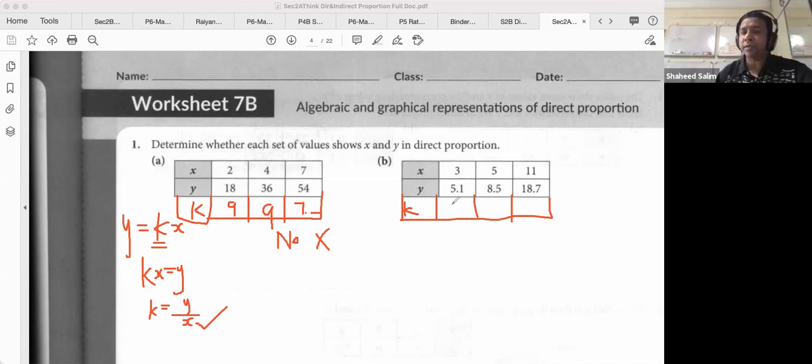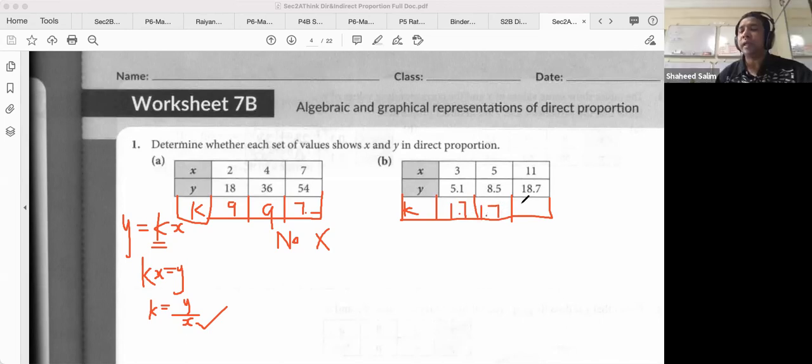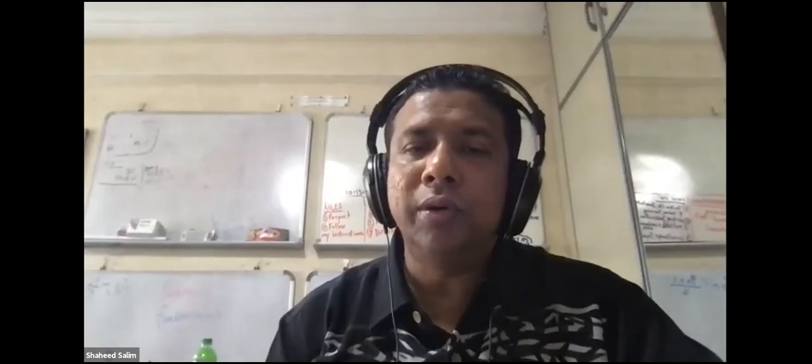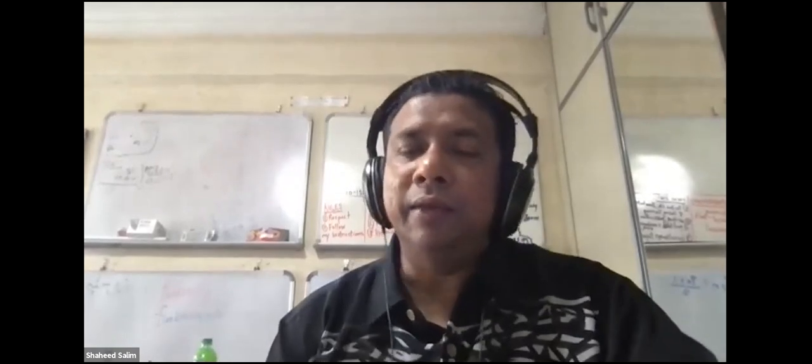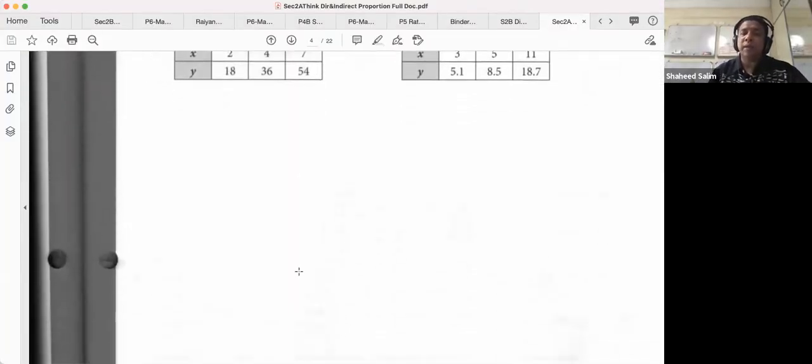So your value here is 1 point how much? 7. Okay, so it's all 1.7. So this is proof that it is in direct proportion. X and y are directly in proportion to each other. Okay, we move on to the next one. We'll do a little bit of direct and inverse, then get an overview, then in the later lessons, we can go deep into it.